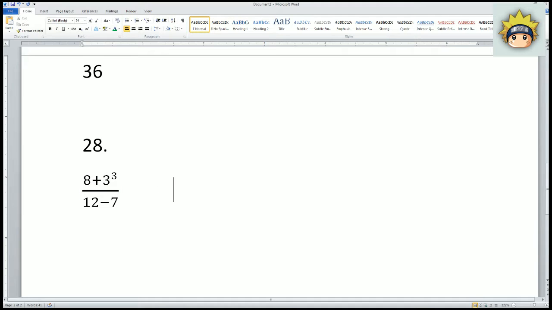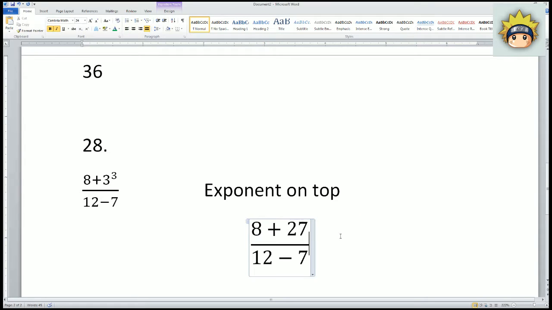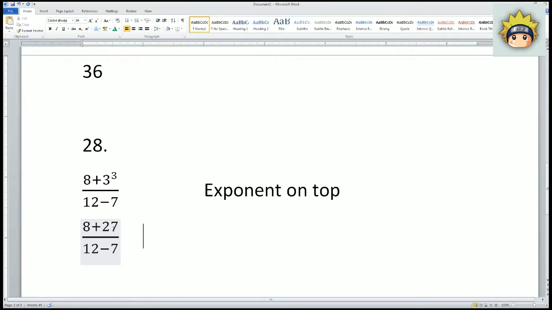So let's do the exponent on top. You should come up with 3 cubed is 27. So we did that. 8 plus 27 divided by 12 minus 7. The only thing that changed was I simplified that exponent.